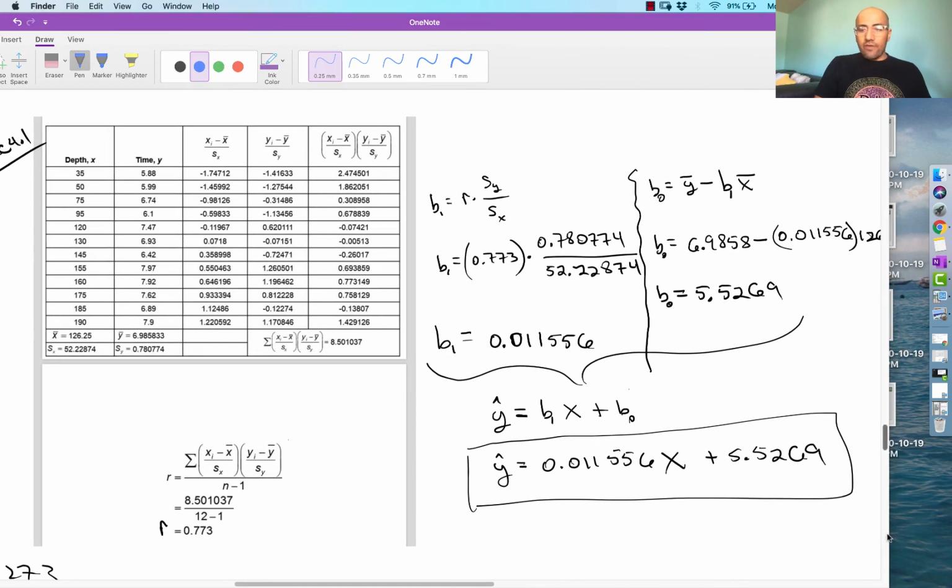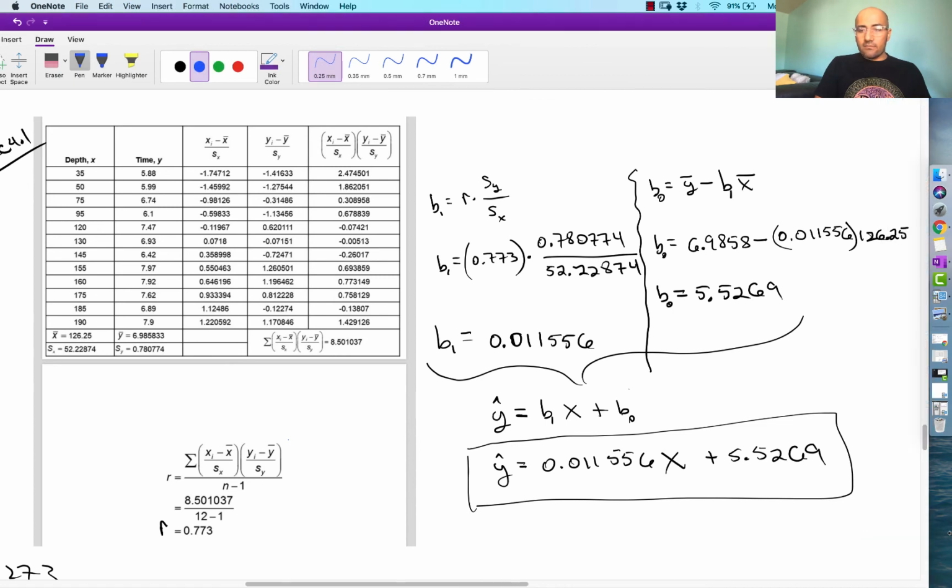Given the original set of data, we got to put this on list 1, list 2. We got to find the mean and standard deviation of this list, the mean and standard deviation of this list. Then we got to go through this whole process to find the R value, R. Then once you find the R value, then you got to go through this process to find the slope of the best fit line.